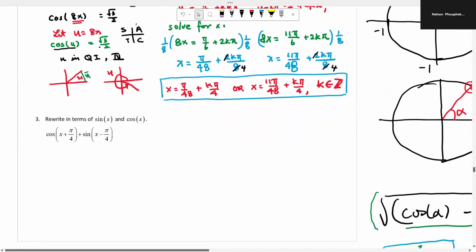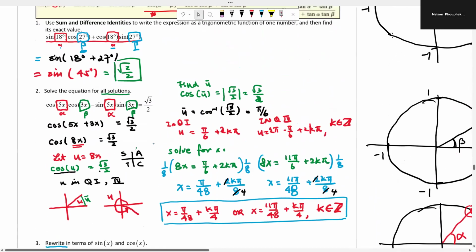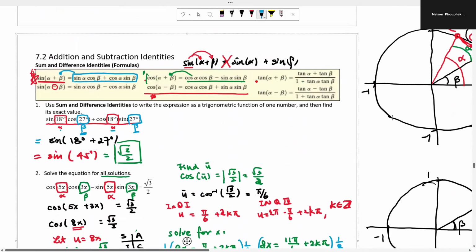Now let us look at the next example. In this example, I would like to rewrite in terms of sine and cosine. Now I have sine of x plus pi over 4 plus sine of x minus pi over 4. So in this case, to the first one, maybe let me clean this.